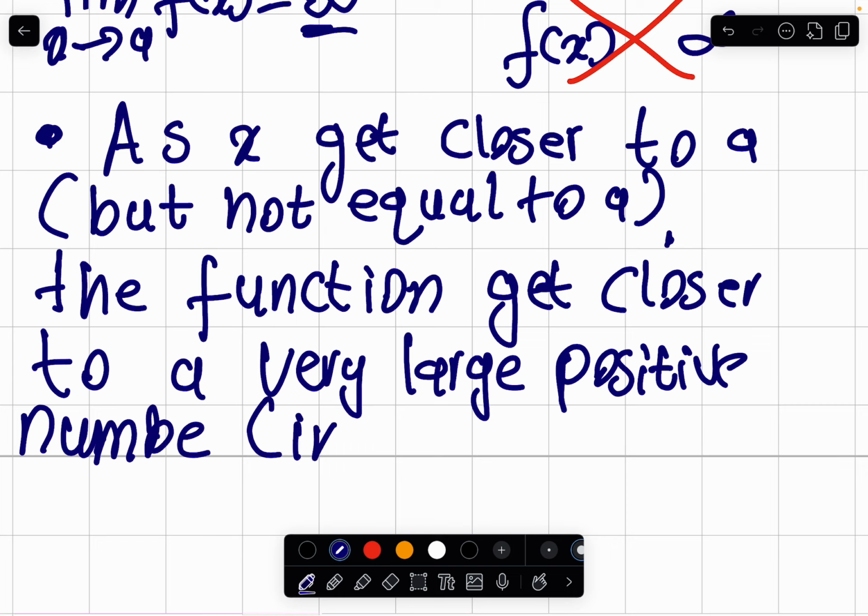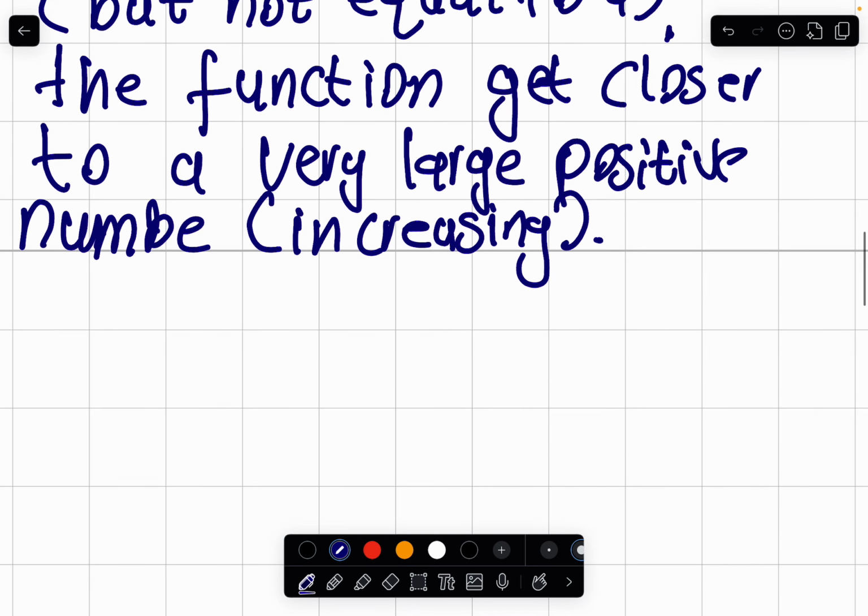Meaning is what? It's increasing. Understand? Then point number 2, you say what?